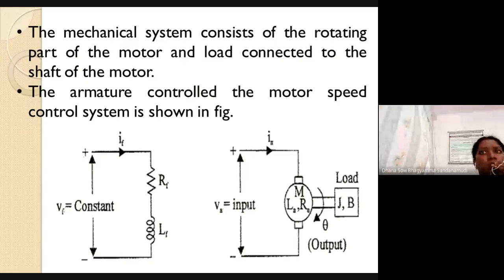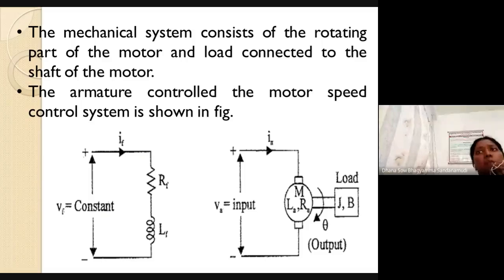So as the armature speed varies, automatically the speed of the load will also vary.